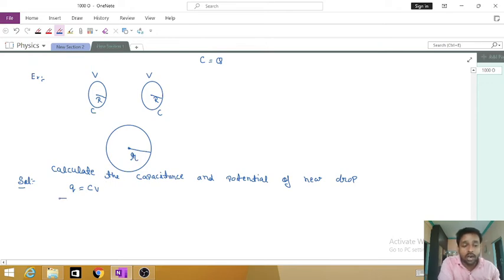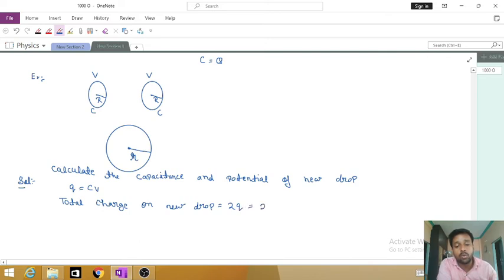So the total charge on the new drop is CV plus CV, which is Q plus Q equal to 2Q.